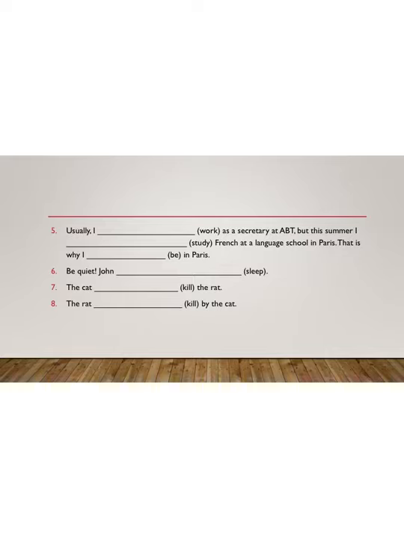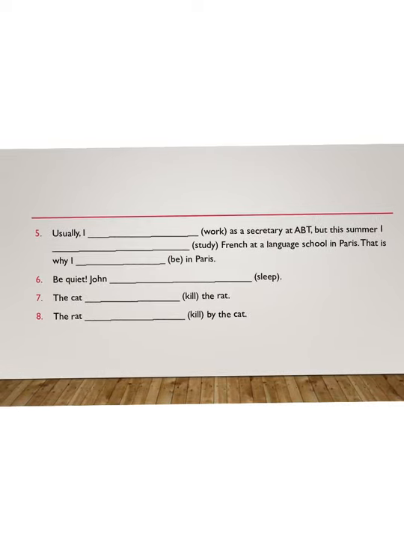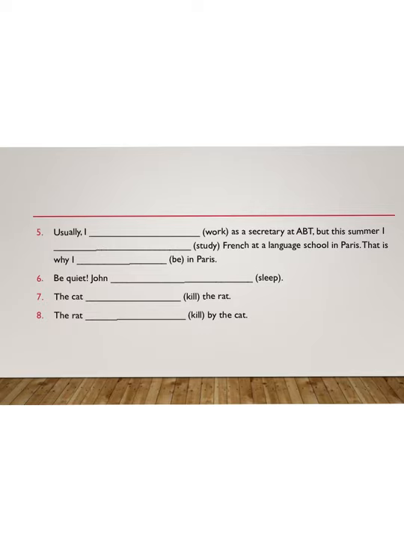Okay, question number 5. There are altogether 3 blanks for question number 5. Usually, I work as a secretary at ABT, but this summer, I studied French at a language school in Paris. That is why I be in Paris. Let's take a look at them one by one.